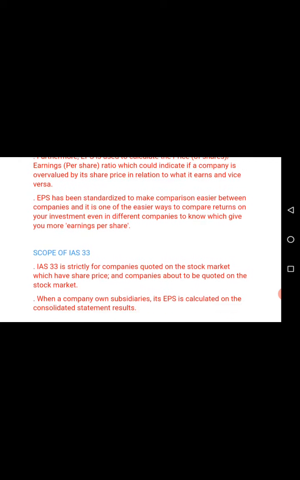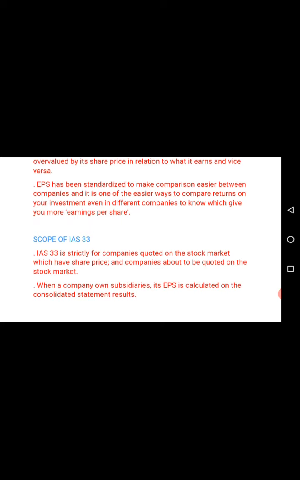Now the scope of IAS 33 means, what does IAS 33 cover? What does it talk about? What doesn't it cover? What's it about in general? So it says IAS 33 is strictly for companies quoted on the stock market, which have a share price, and companies about to be quoted on the stock market.